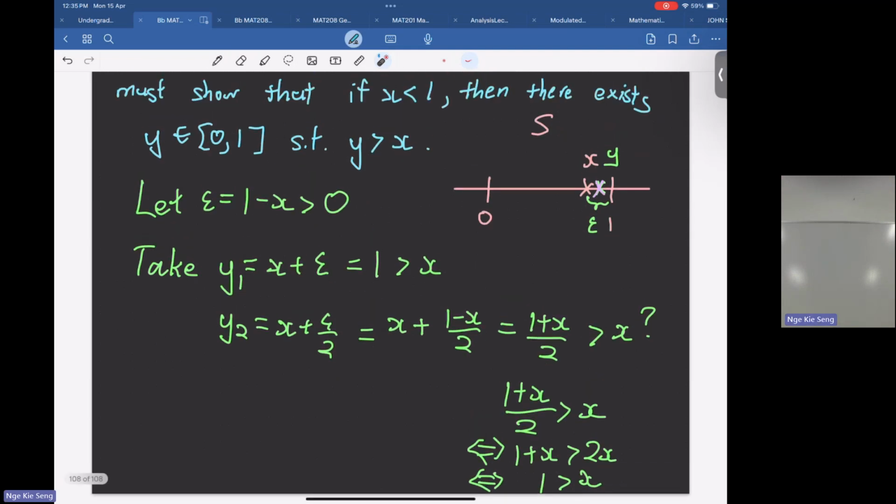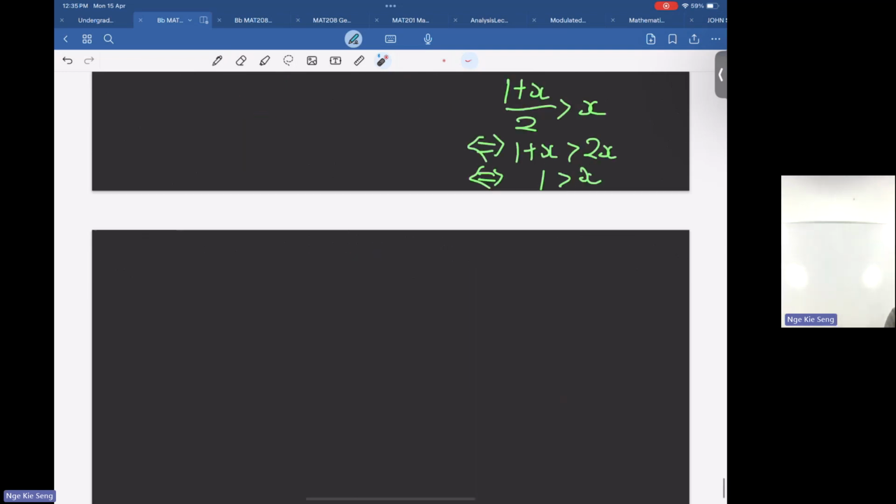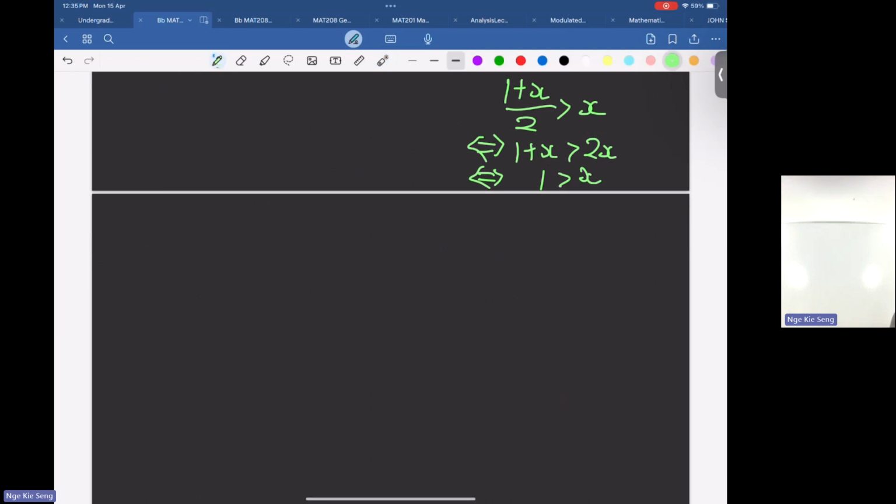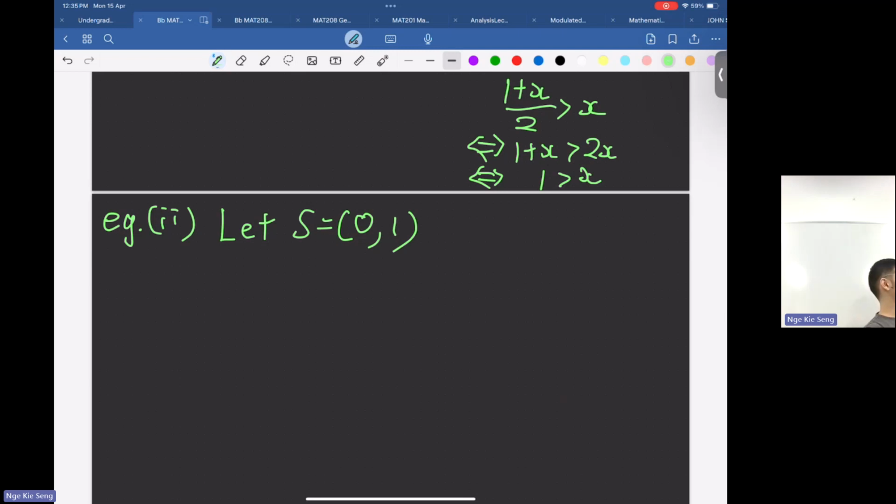Why do I do this? Because let's say I change my question. For example, if I don't have 1 inside my set anymore, I throw it out, so the set is strictly less than 1.